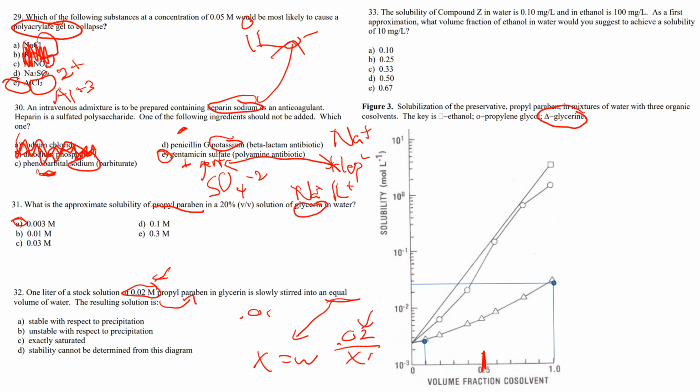When we add that water, we'll have to add W. So then if we have this, and we know that X is equal to W, so we established down here, because this is an equal concentration of glycerin and water, 0.02 over 2X, if we just substitute in X for W, then we actually have a concentration of 0.01 molar. So that changes where we're at. Where is 0.01 molar on a graph? Well, if we draw up, 0.01 is equal to 10 to the -2. So we're drawing up here.